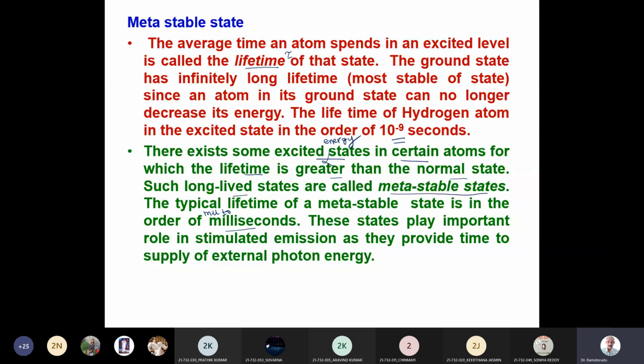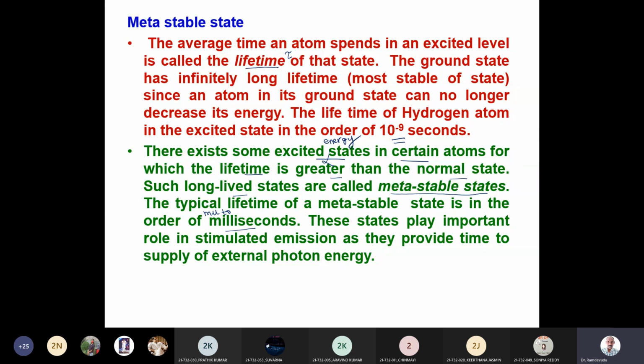That means the lifetime, when compared to ordinary energy levels, is 1,000 times more or maybe 10,000 times more. And these systems play a very important role in the emission of laser light by the stimulated process. So we now have the definition of a metastable state. A metastable state is a long-lived excited energy level, whose lifetime is more than the normal energy states.